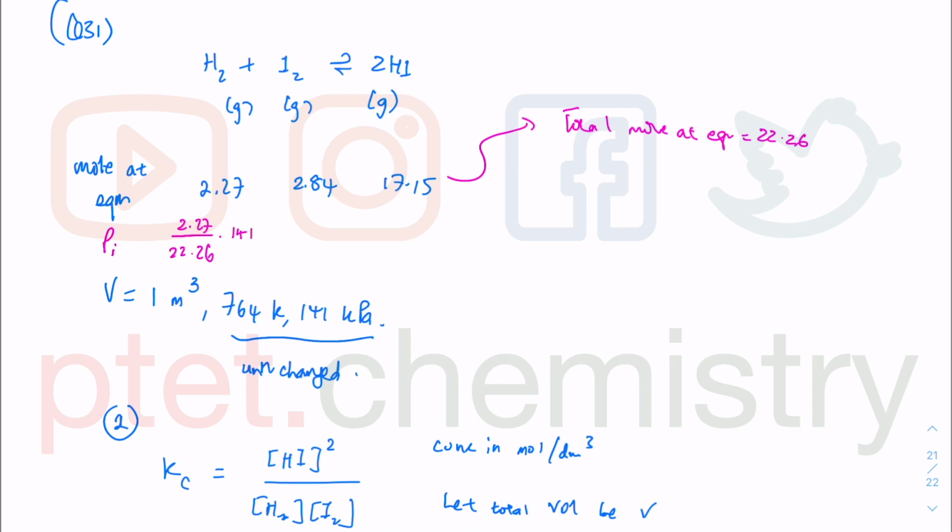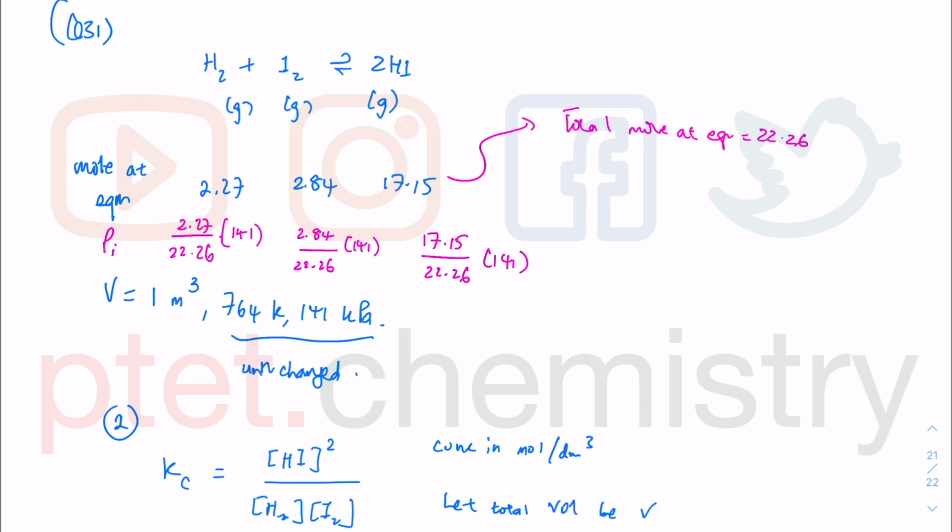Times 141 kilopascal, and then this is 2.84 over 22.26 times 141 kilopascal. This is 17.15 divided by 22.26 times 141 kilopascal.